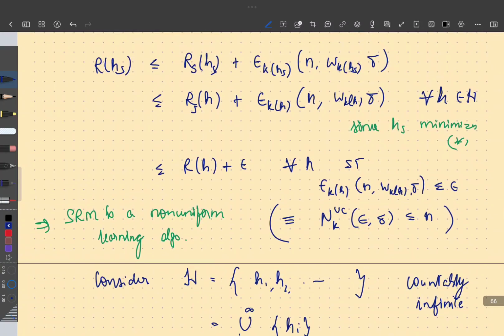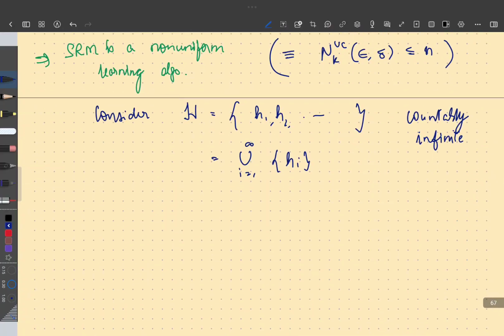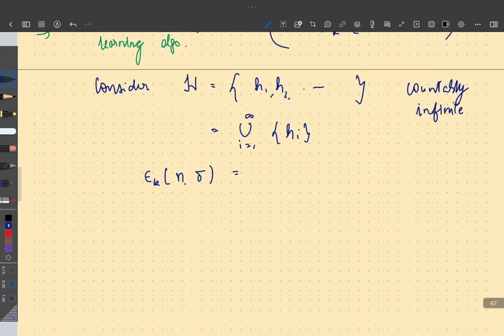Or let me put it another way. So what would be epsilon k of n, delta? How can you choose or get a bound on epsilon k of n comma delta?